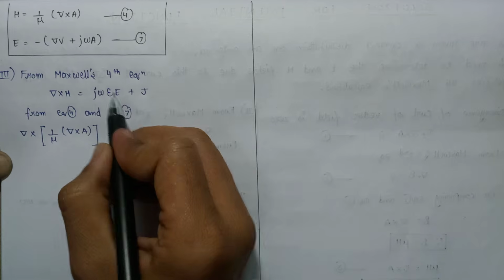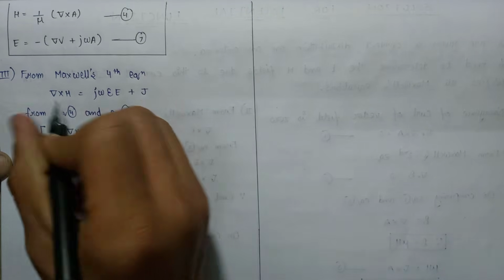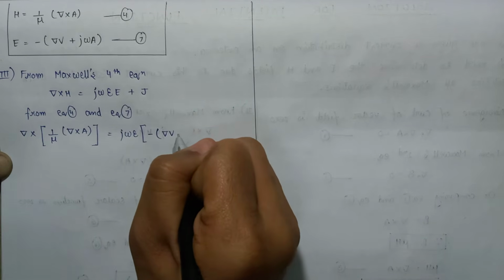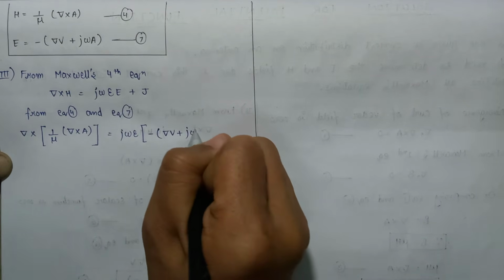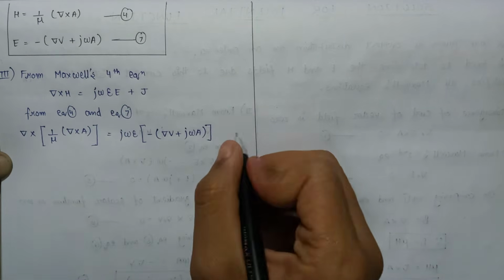In place of E we write this whole thing, minus (del V plus j omega A), and plus J as it is.